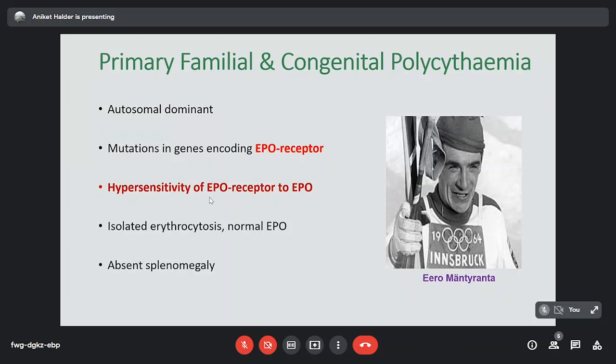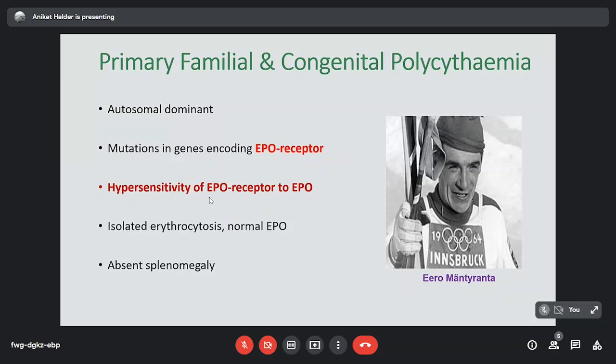These mutations cause a hypersensitivity of the erythropoietin receptor to erythropoietin. So even in presence of normal levels of erythropoietin, there is increased JAK-STAT signaling, leading to increased red cell count, causing erythrocytosis. And in these cases, usually splenomegaly will be absent, and leukocytosis or thrombocytosis is also not found.